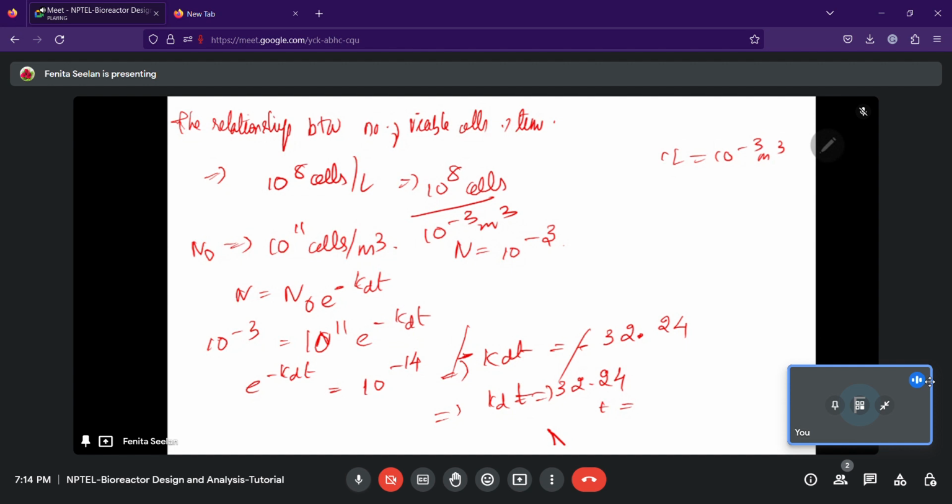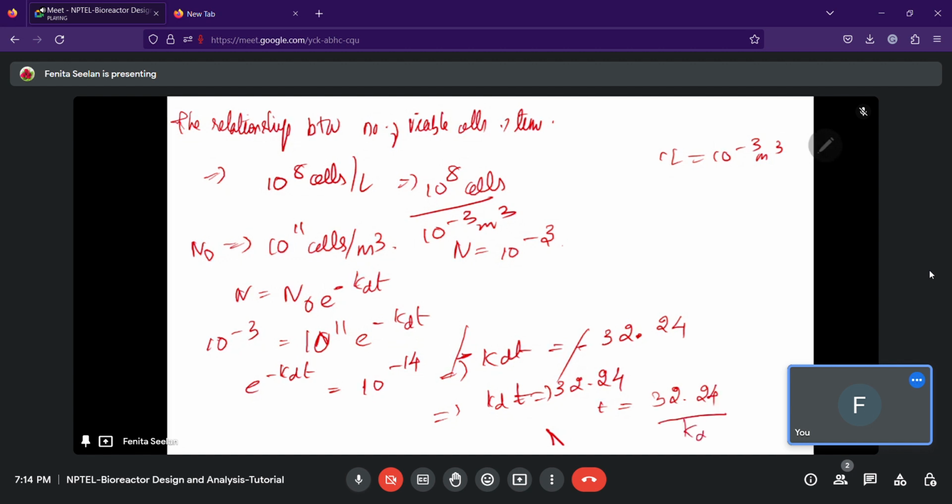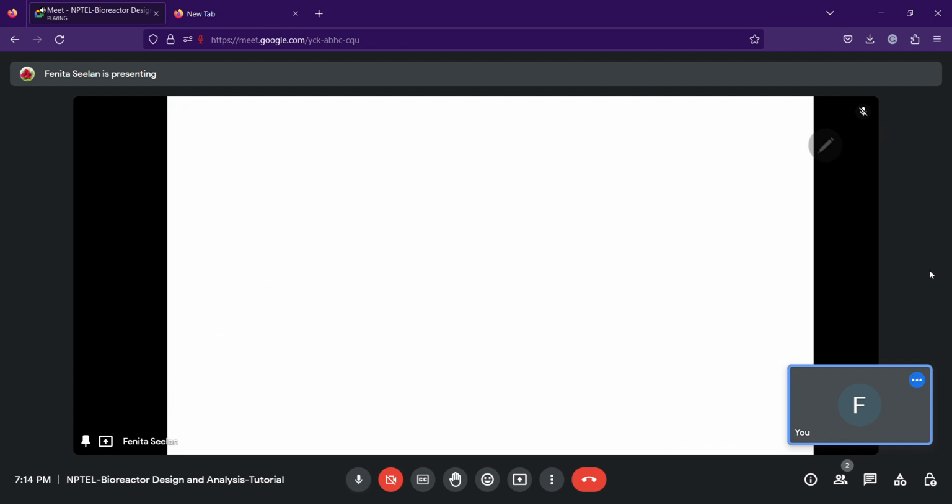So you are relating it to Kd, right? So that is the only factor we have. So t is 32.24 divided by Kd. From this expression, you can start calculating for the individual temperatures which you have calculated.